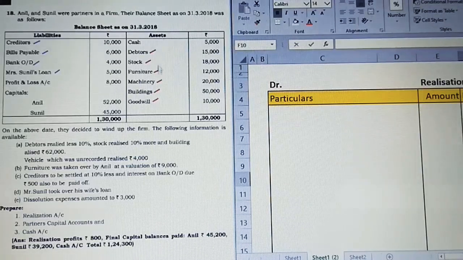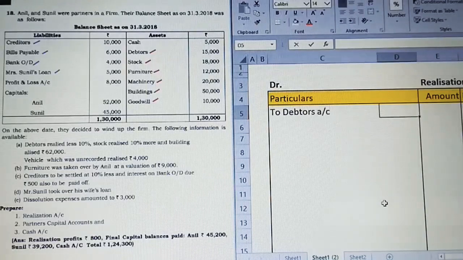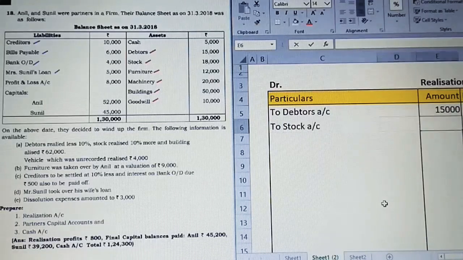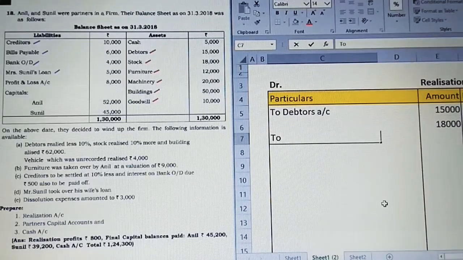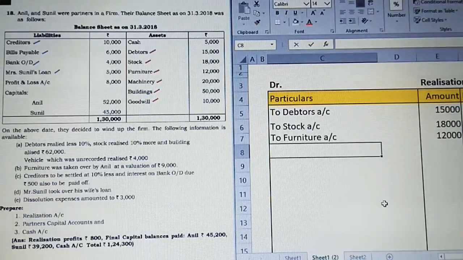First, asset items are going to be posted on the debit side. To debtors account, 15,000. To stock account, 18,000. To furniture account, 12,000.